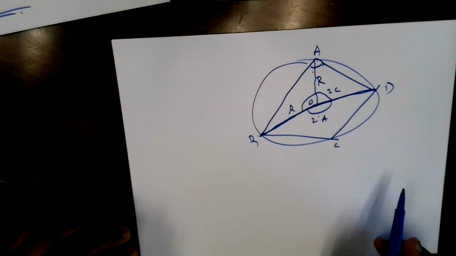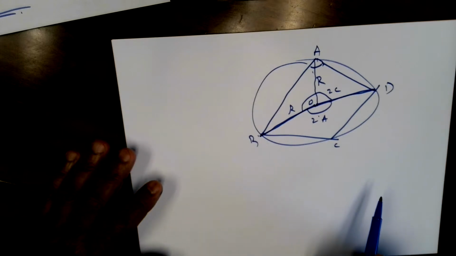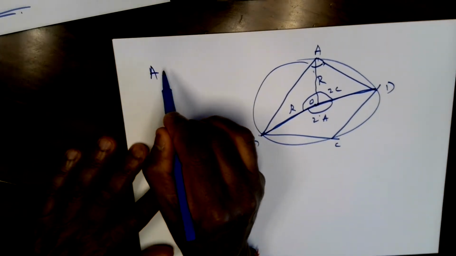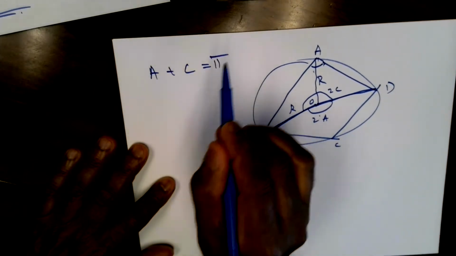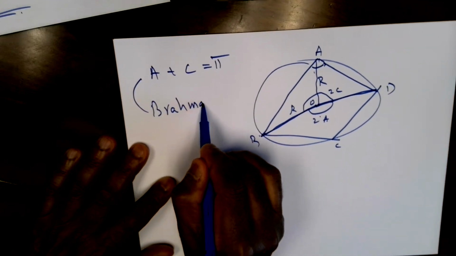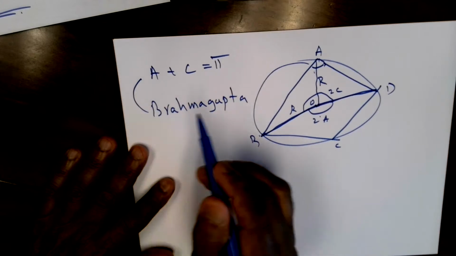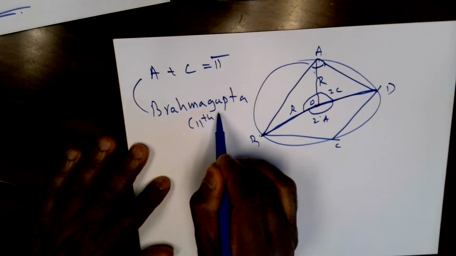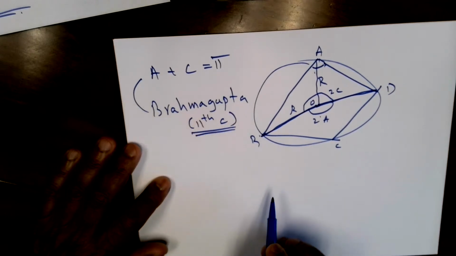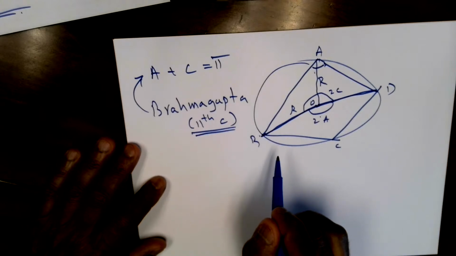So I guess I see that there's a note here saying that's due to Brahmagupta. So an Indian astronomer, I don't know, probably 11th century or something, I'm just wildly guessing, right? Aryabhata, Brahmagupta, so that's cool, I think.